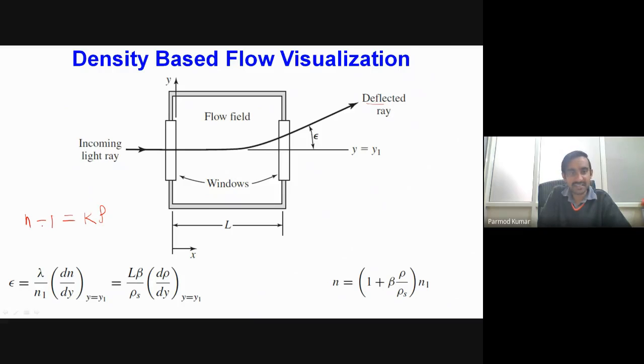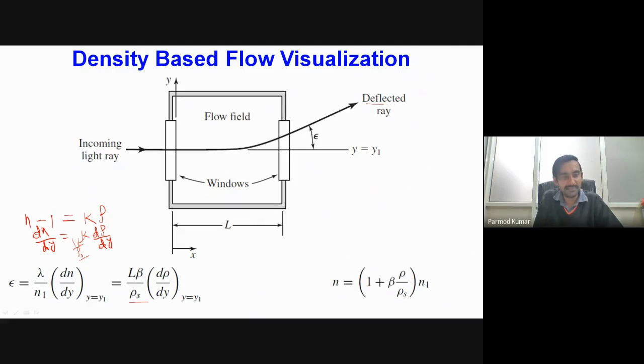So from this I can relate that my dn by dy will be equal to k times d rho by dy, and k is some constant which I can simply write as 1 by rho s, where this rho s is specifically termed as the standard density of the medium at standard conditions.